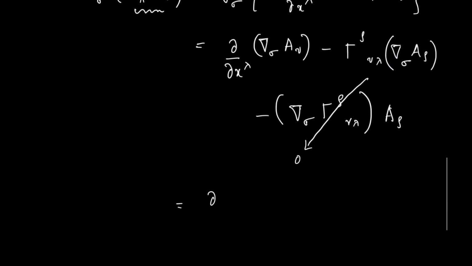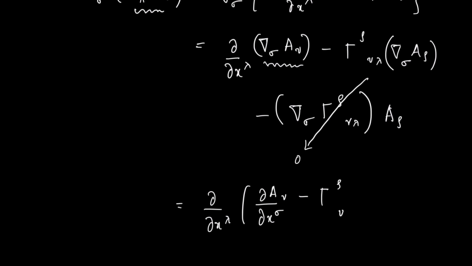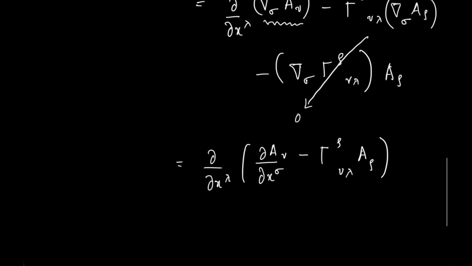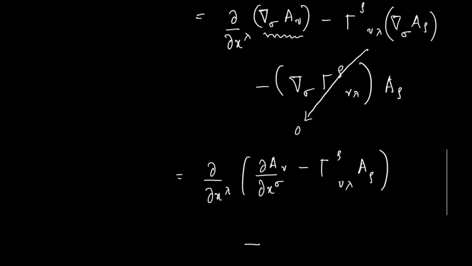Then I have to expand the covariant differentiation. That will be the partial derivative with respect to x sigma of A nu minus Christoffel symbol rho nu lambda A rho, minus Christoffel symbol rho nu lambda.